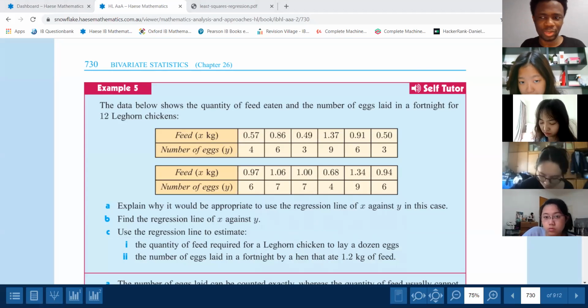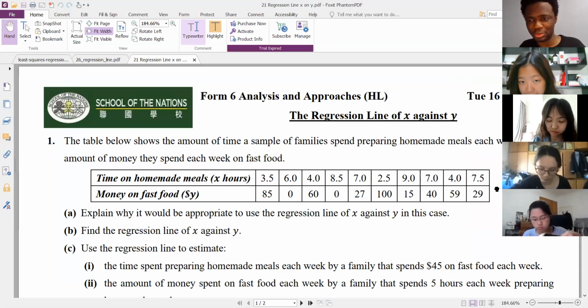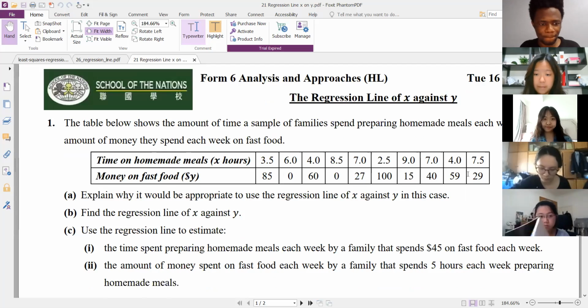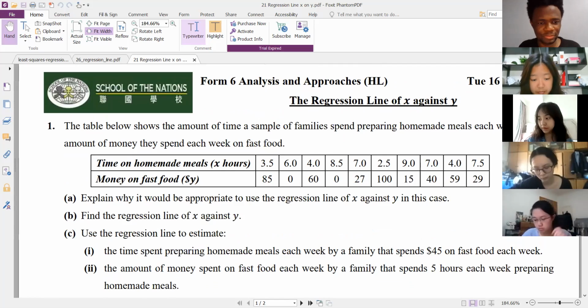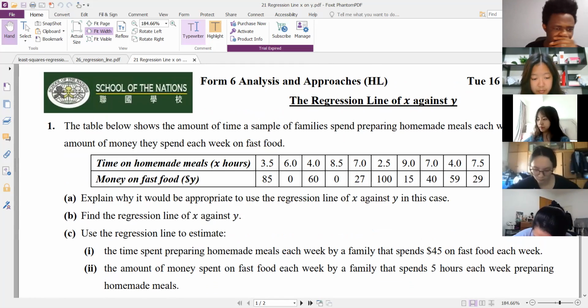So you don't have to think you don't have enough food to eat on the paper. We have enough regression food. Look at this. Everyone attempt question 1. Let's discuss A together to save time.